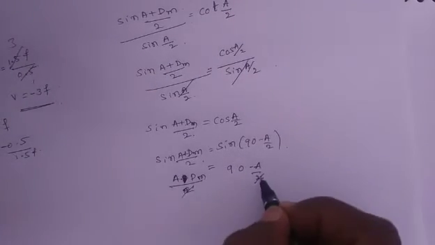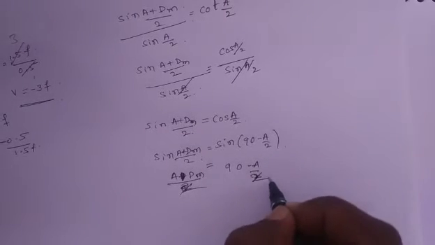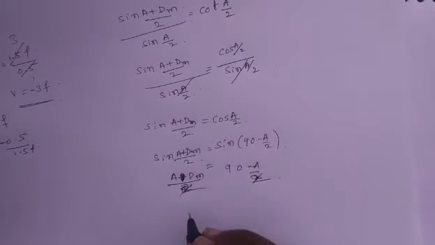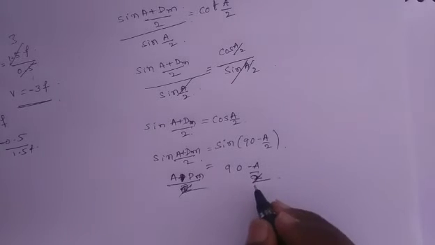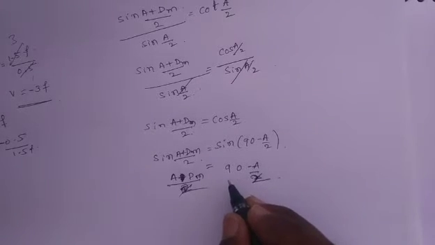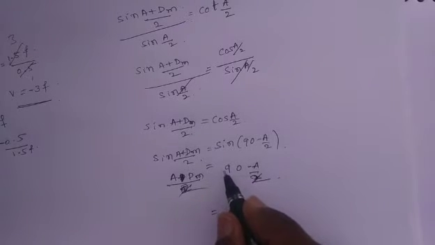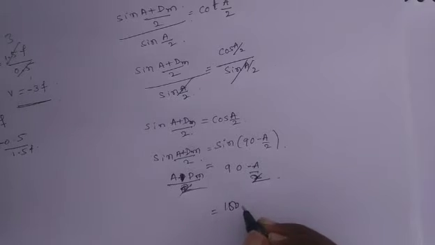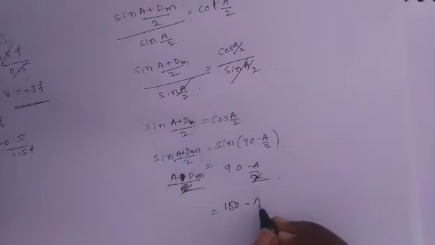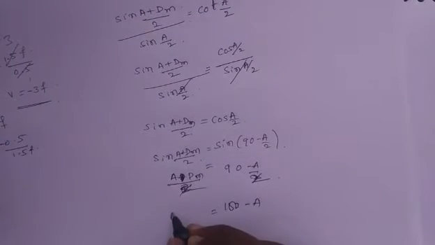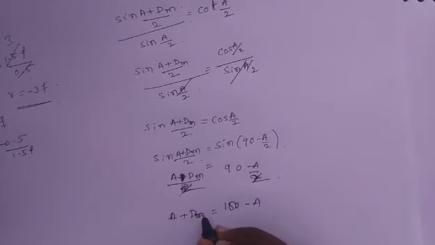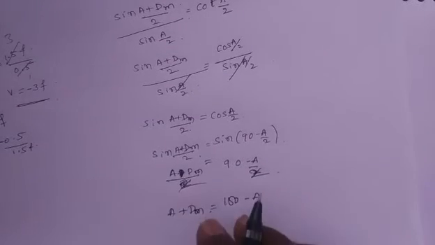Here we consider that the LCM is 2. It means 2 into 90 is 180, minus A, and here A plus minimum angle of deviation.